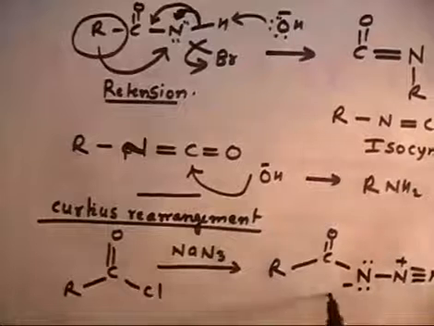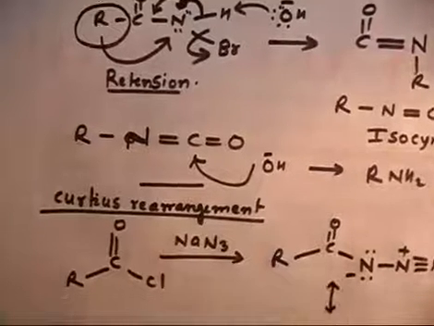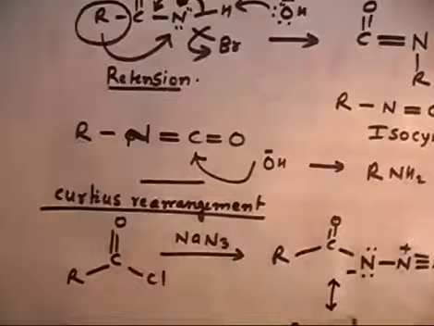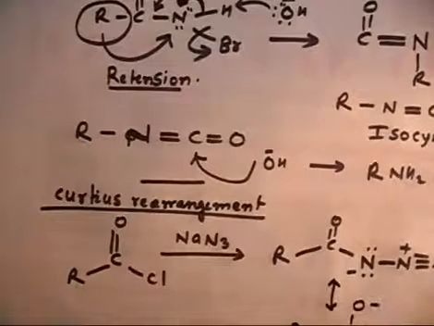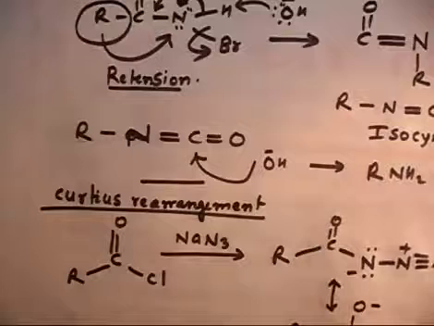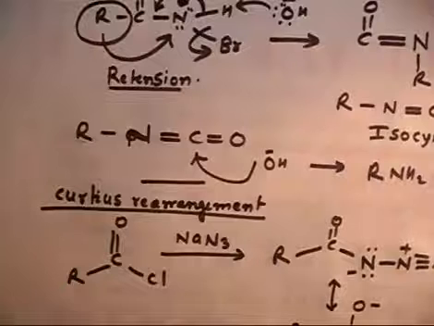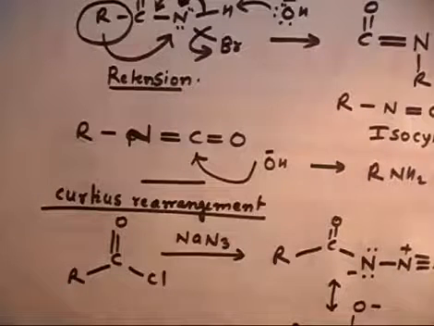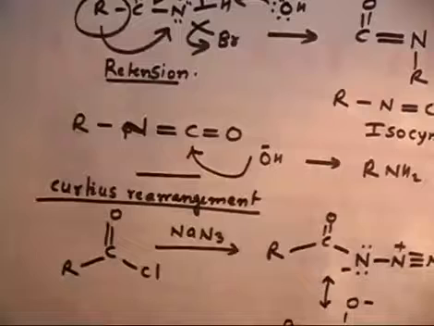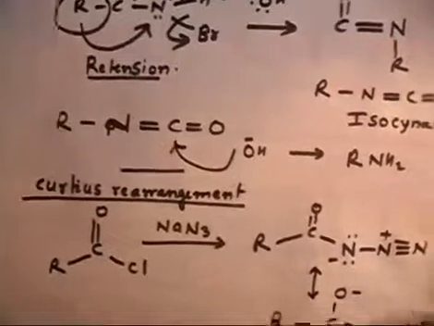Now this molecule has a resonating structure something like this, RCO minus double bond. This minus goes here, this goes up, so I will have a double bond here, N, and then a triple bond here. There is a plus charge, a lone pair, no formal charge. Are you able to see or not?